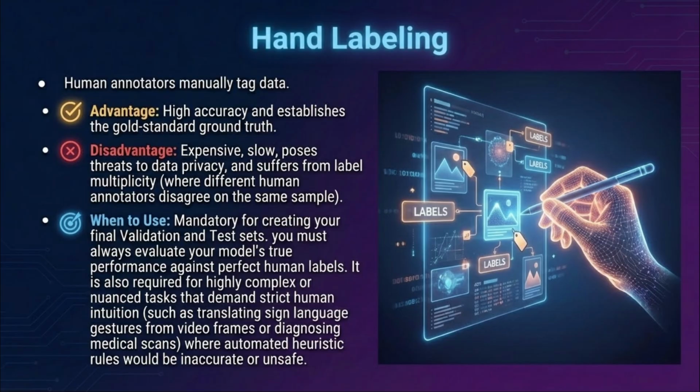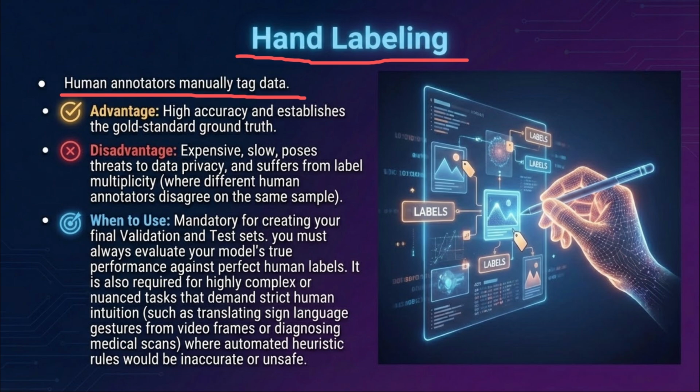Labeling techniques. Hand labeling, like we used in our example of sign language interpretation. Once you have the data, you can share it with human annotators to manually tag it, and it has high accuracy because the accuracy would be exactly human intelligence, right?